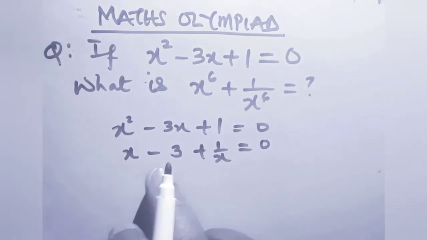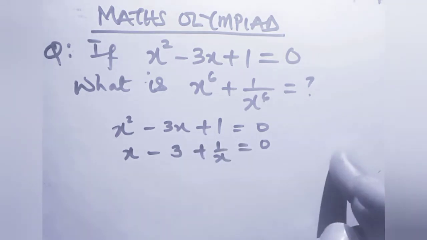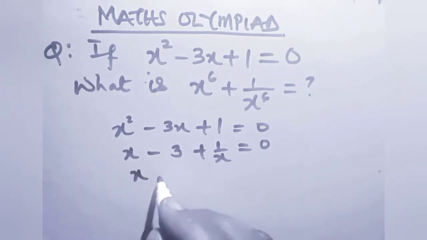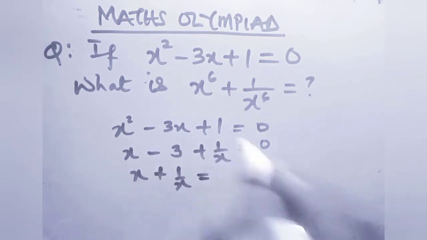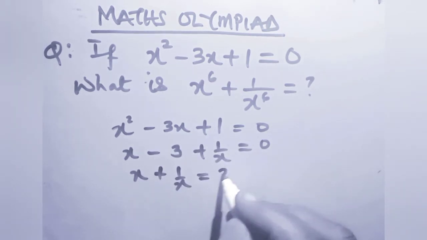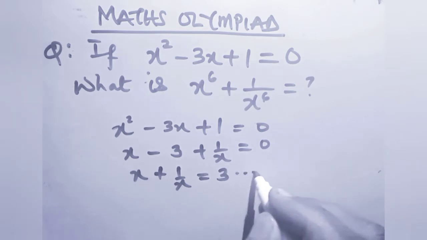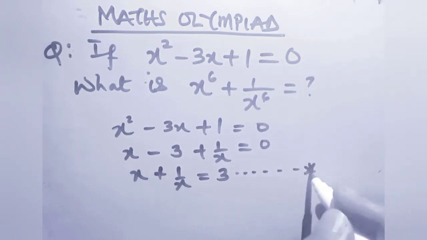Now, by the time I remove this minus 3 and transpose it to the other side, I'm going to have x plus 1 over x, because this will move closer to x. Then this one transposing to this side turns to positive 3. Now, let's call this equation asterisk or equation 1.